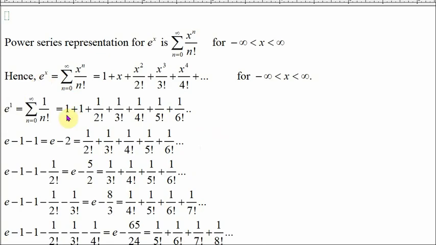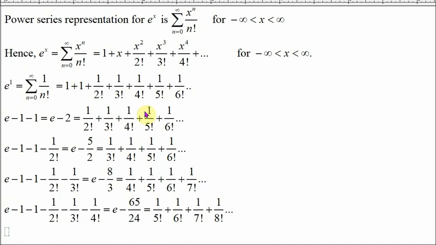Then we get 1 plus 1 plus 1 over 2 factorial plus 1 over 3 factorial, and so on. And then move the first two terms to the left side. Then we get e minus 2 is equal to this sum that starts with 1 over 2 factorial.